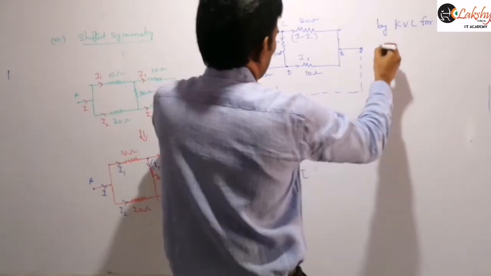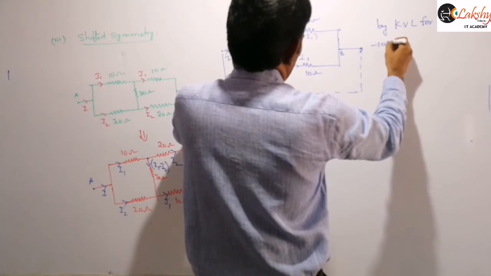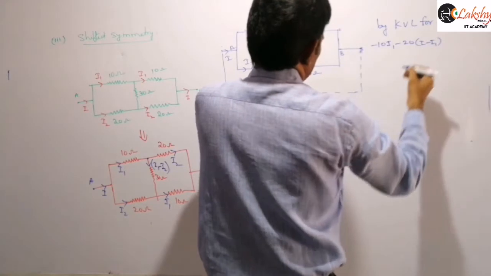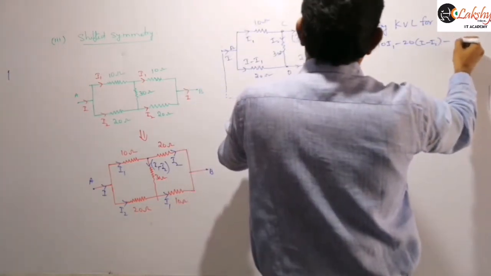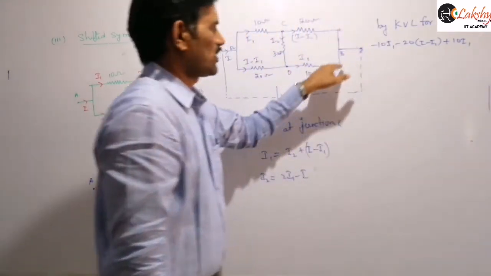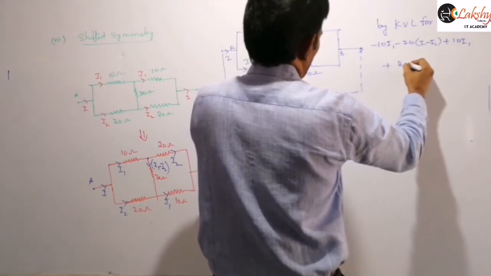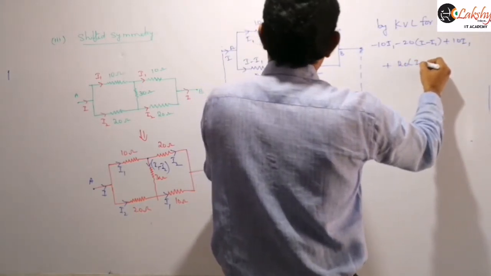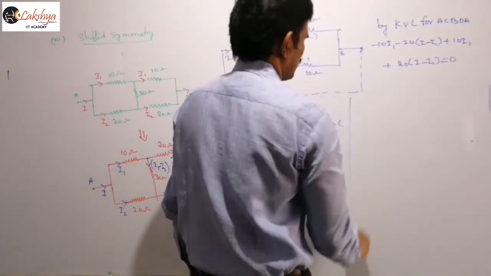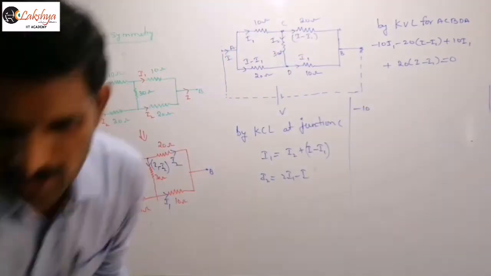So you can write minus 10 I1 minus 20 (I minus I1) plus 10 I1, this current is coming like this, plus, and this is also plus here, plus 20 (I minus I1), equal to, I will write here, minus 10 I1. I think you can divide by 10 to reduce the calculation.